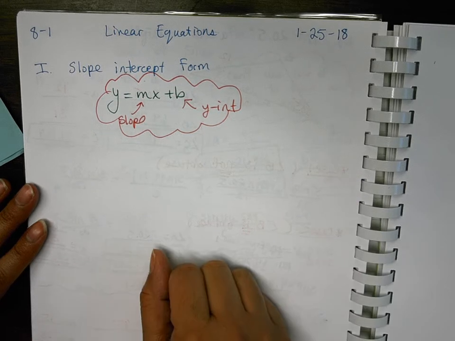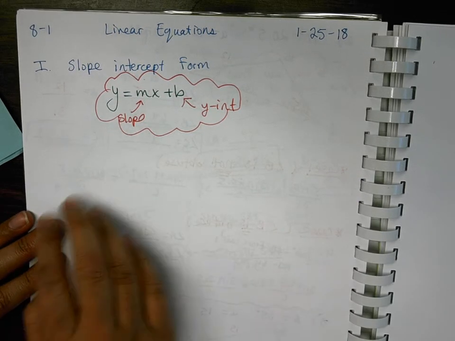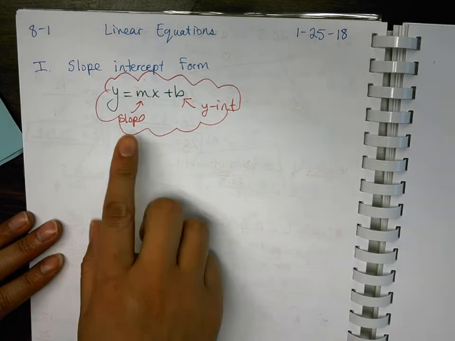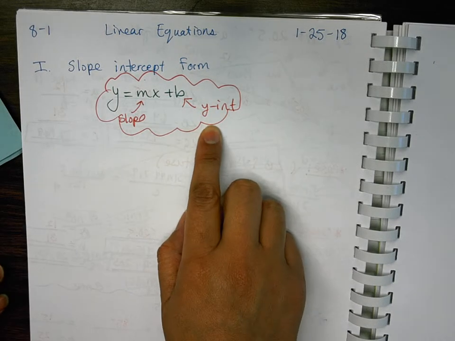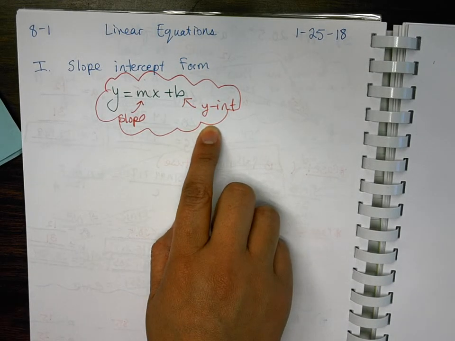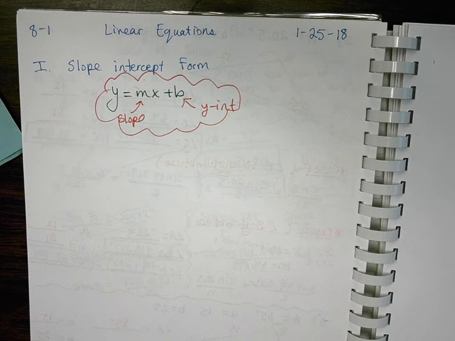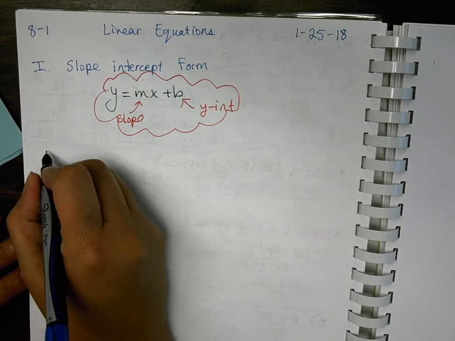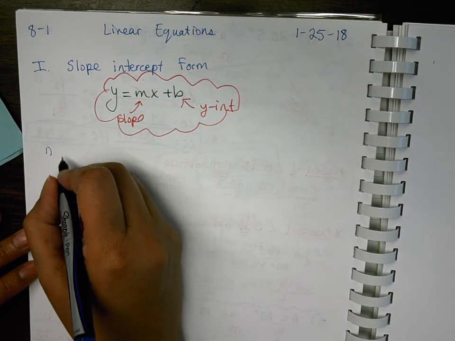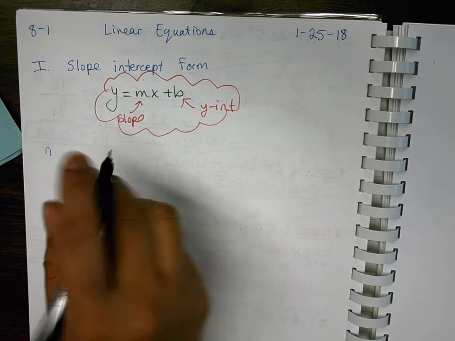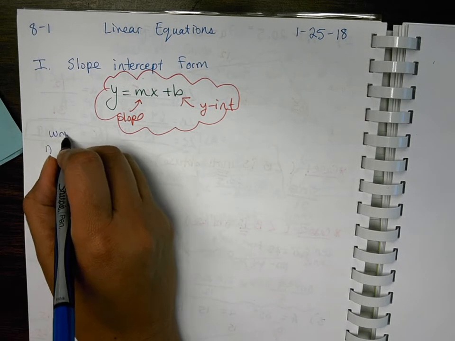Again, review linear equations, slope-intercept form, y equals mx plus b, where m is the slope and b is the y-intercept. All right, first one. Before I write number one, I'm going to tell you what to do up here.